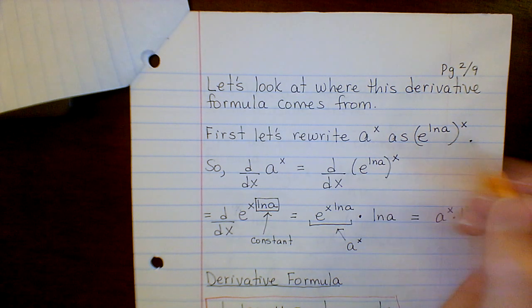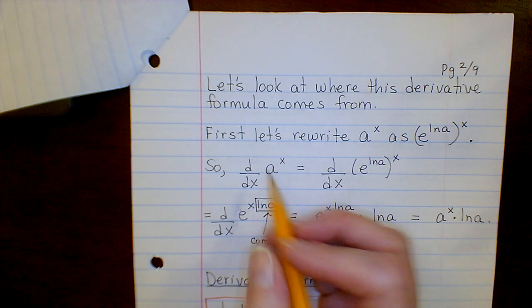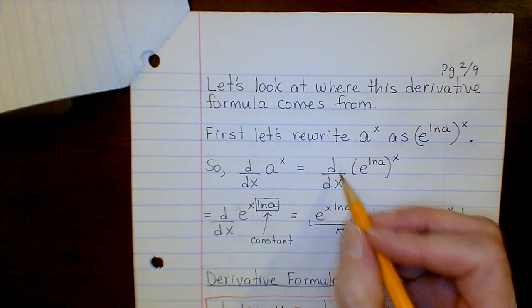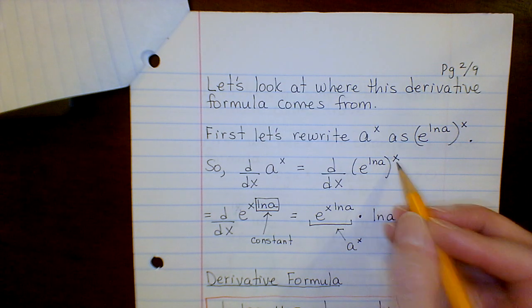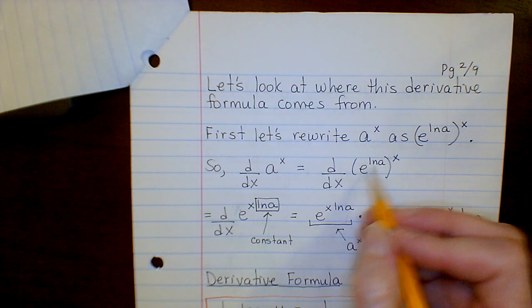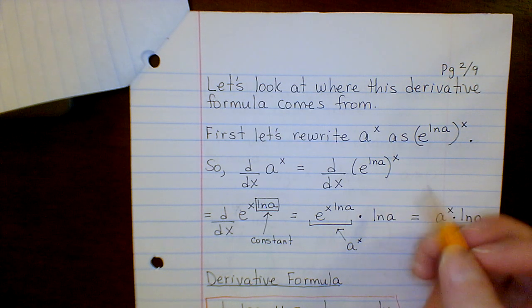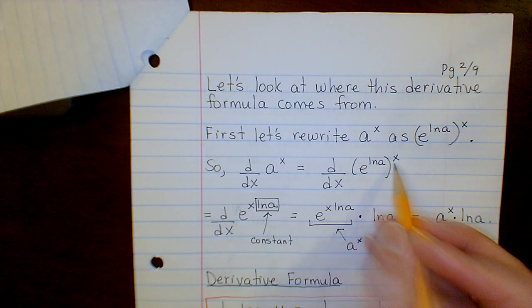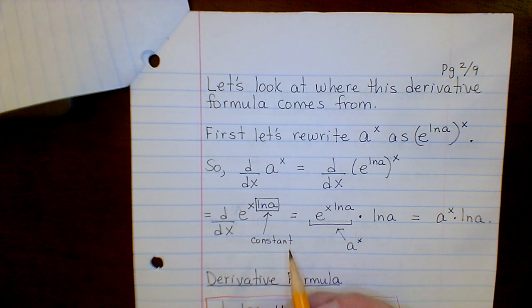So if I rewrite a in this much more complicated way, then the derivative of a to the x can be rewritten as the derivative of e to the ln a to the x. Now from our exponent rules, we know that having a power raised to a power, we multiply those exponents. So I'm going to multiply ln a times x. Notice how I wrote it x times ln a.